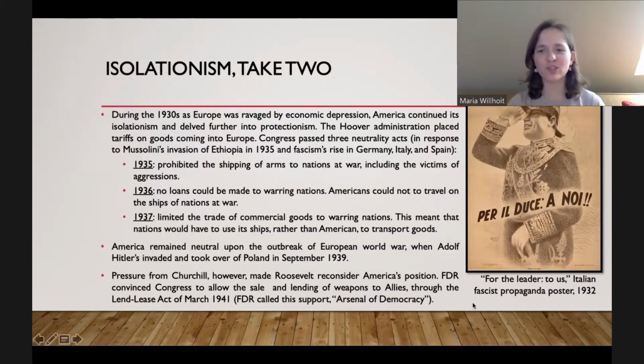And I just showed this picture. This is actually Benito Mussolini. This is one of his propaganda posters. It's in Italian, and it says, "For the leader, to us," which is very much like a fascist slogan. But it comes from early 1932. And fascism starts very much after World War One, the rise of it, the growth in it, in part because Europe is ravaged by economic depression.